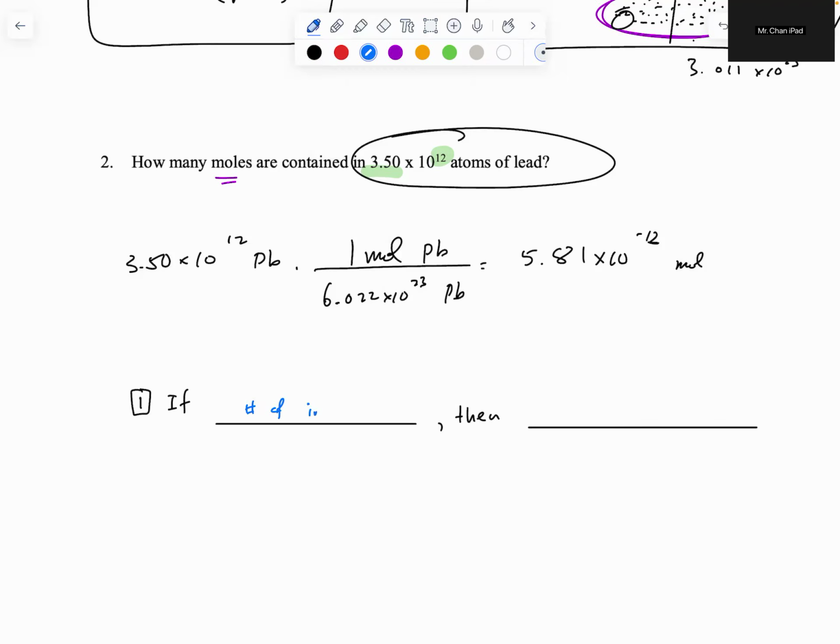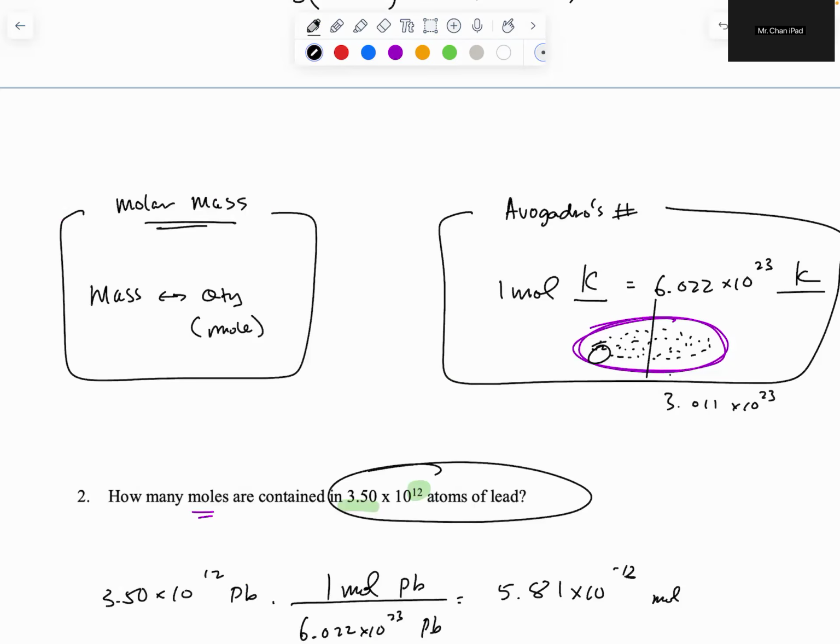Because on the periodic table, we know the molar mass. So here's another blind spot that students don't know, is that the molar mass is always given on the periodic table. And by that, it means you will always know the mass if you know the number of moles, and vice versa.